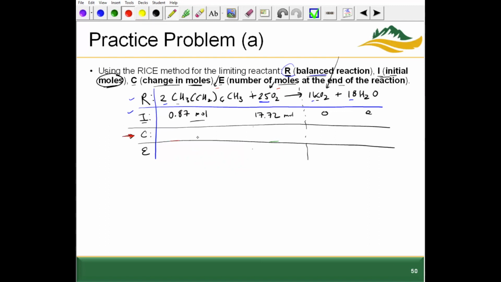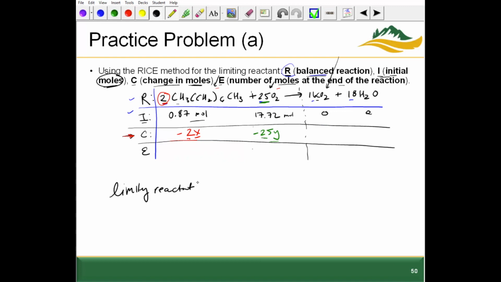To set up this change part, we're going to take the molar coefficient here and assign an arbitrary variable here. Then for oxygen, we're taking minus this coefficient here, so 25. We'll assign it a different variable. So this coefficient goes here, this coefficient goes here.